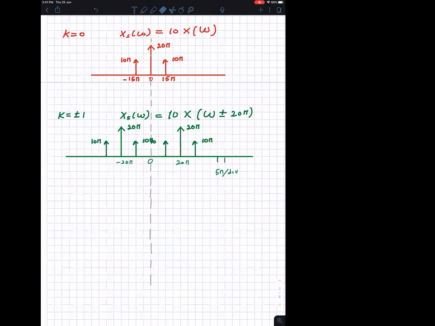I'm going to delete these things, because it's understood the shorter one is 10 pi, the taller one is 20 pi, because they will clutter the drawing as you move along.